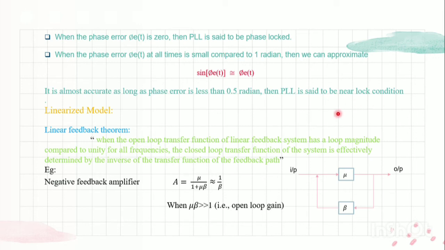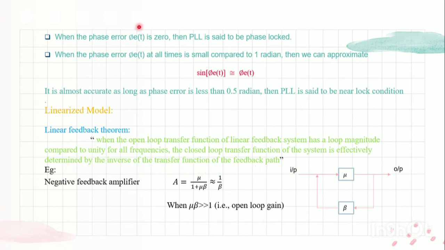Next, in PLL we have a linearized model, which is based on the linear feedback theorem, which states that when the open loop transfer function of a linear feedback system has a loop magnitude large compared to unity for all frequencies, the closed loop transfer function of the system is effectively determined by the inverse of the transfer function of the feedback path.